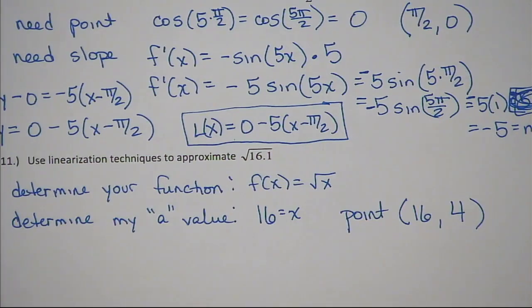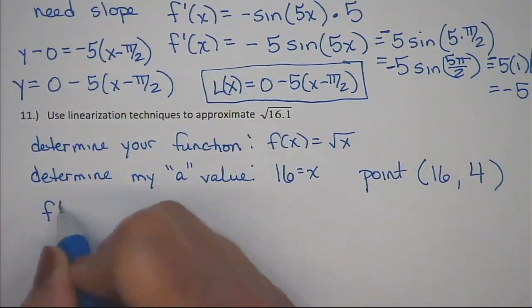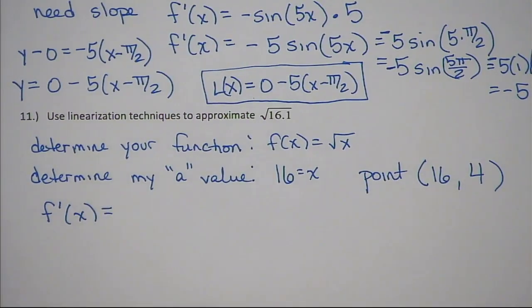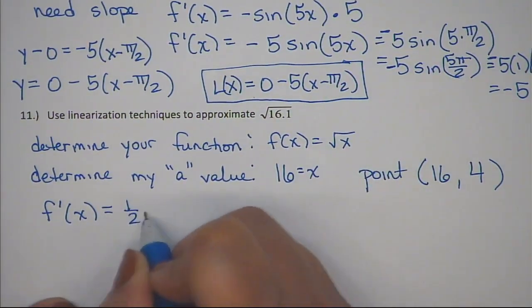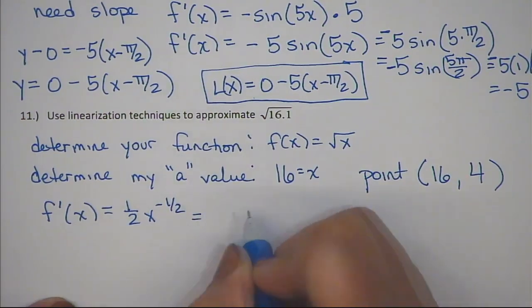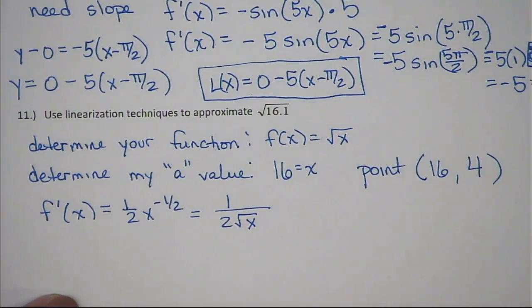All right, so now the last thing we need is our derivative, our slope. So we need to do f prime. We're going to find the derivative of the square root of x. So that is 1/2 x to the negative 1/2, which is 1 over 2 square root of x, and I'm going to plug 16 into that to find my slope.